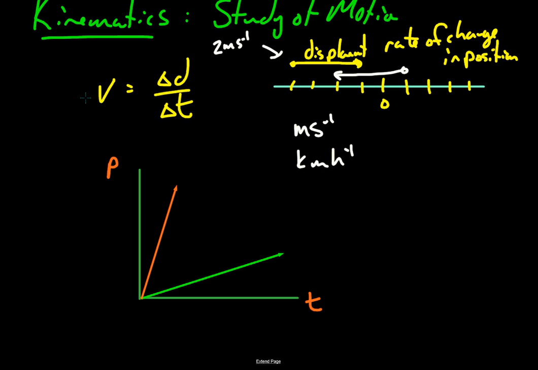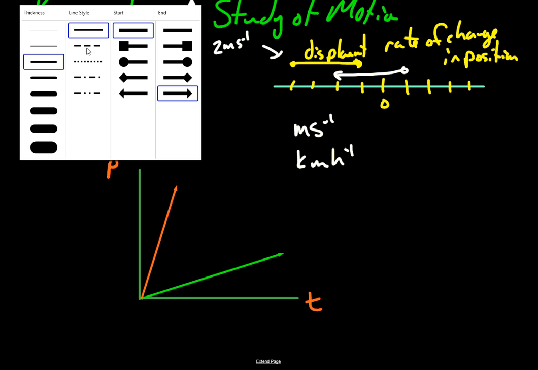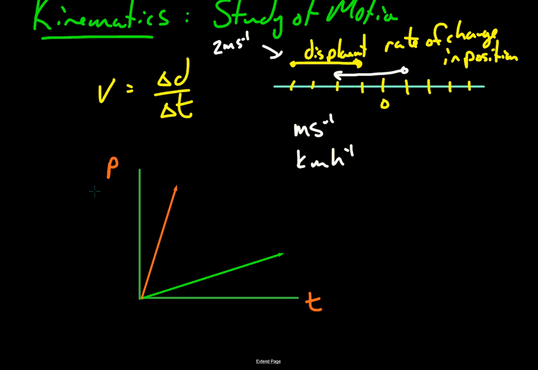We also learned that the formula that defines velocity can be looked at in a different way when we're talking graphically. If we were to find the rise and run of one of these, or in more mathematical terms, look at the slope, the slope of this graph is going to give us the velocity.